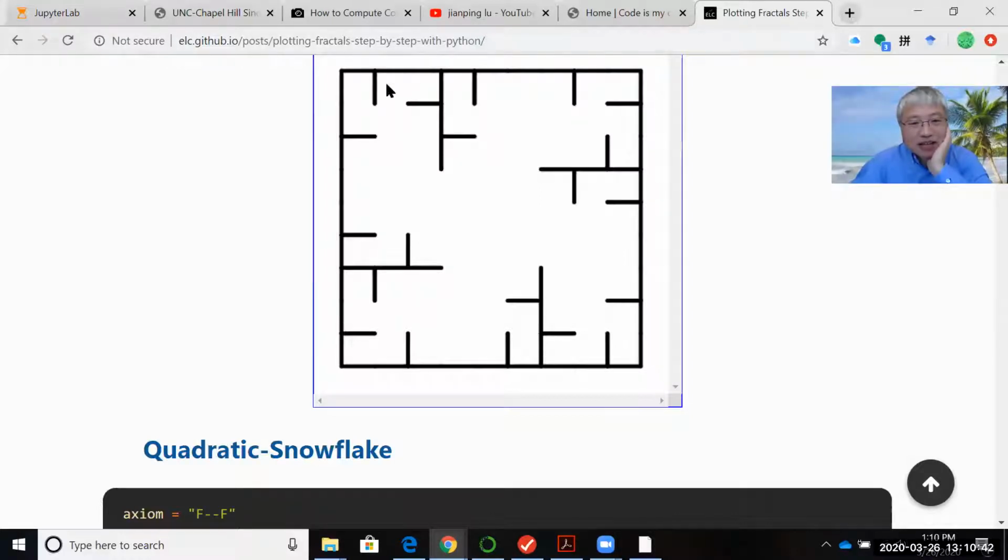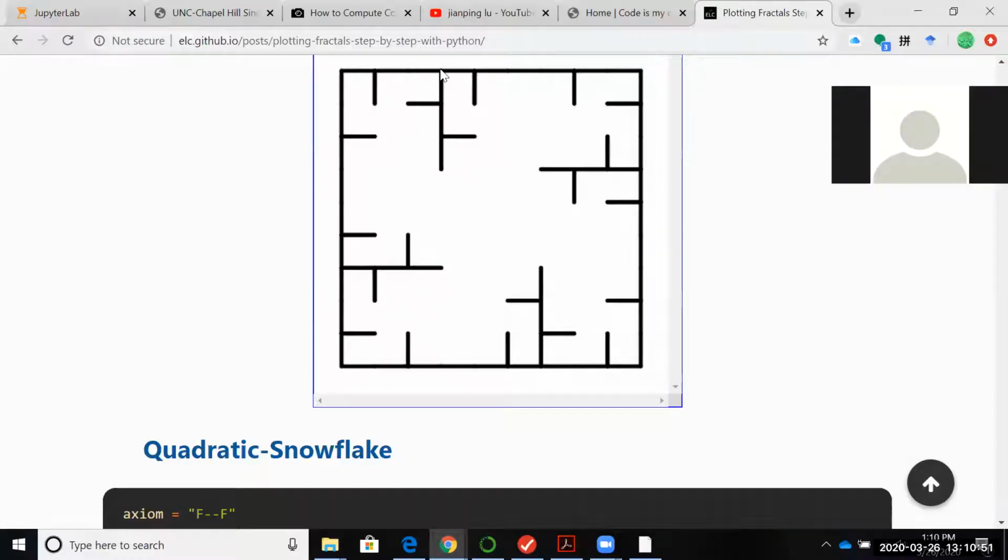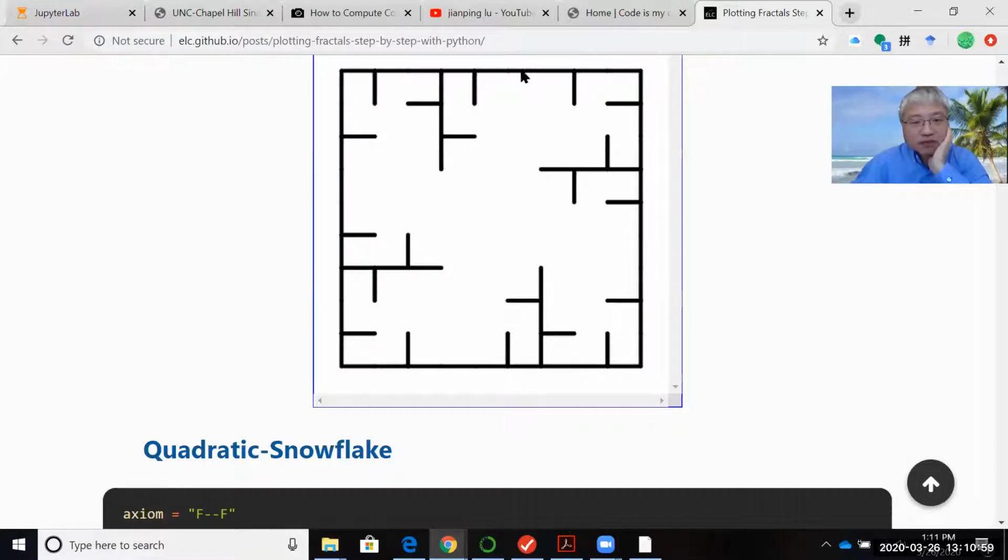So in terms of length, if you take this one segment originally, you reduce by a factor of 3, but now you have one additional, so you get 4 copies of itself.